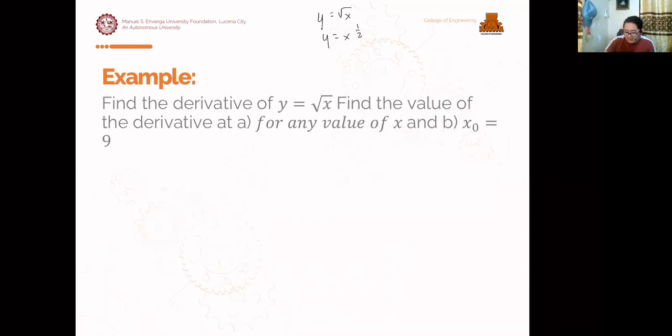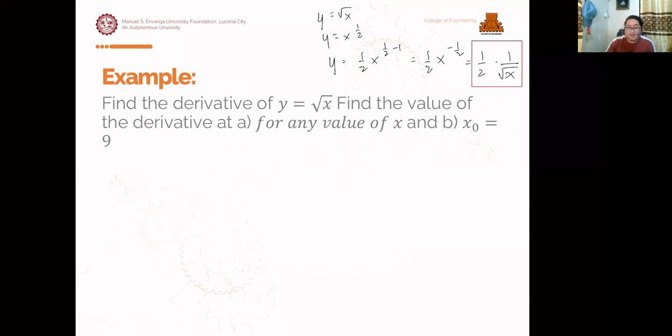So pakita ko lang yung step na ginagawa pag derivative by formula, pero I will not explain anything yet. So dapat ang makuha natin sagot later on is 1/2 times 1 over square root of x. Okay? So dapat ito yung maging sagot natin later.